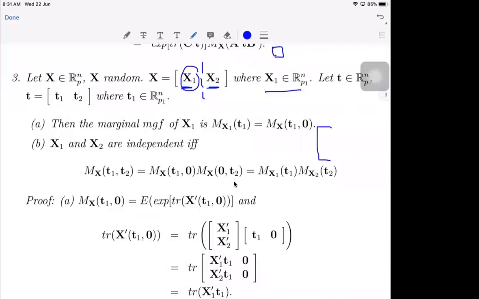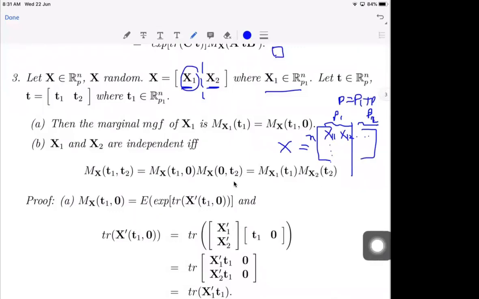So if you have the original x11, x12, and so on, you just partition it. You still retain the n rows, but p here will be subdivided as p1 and p2, where p is equal to p1 plus p2.